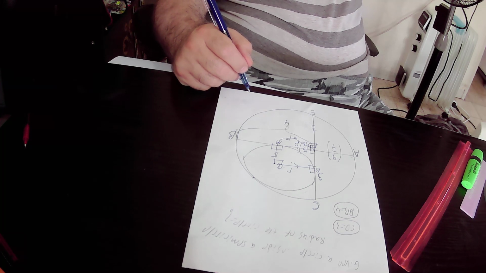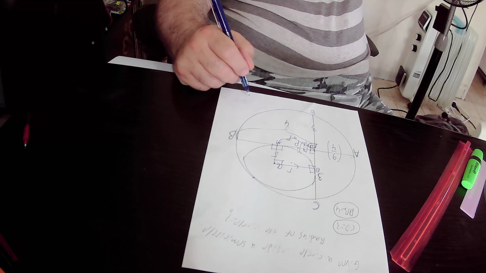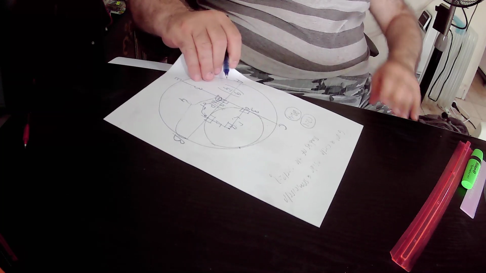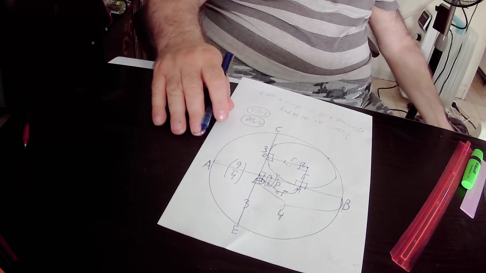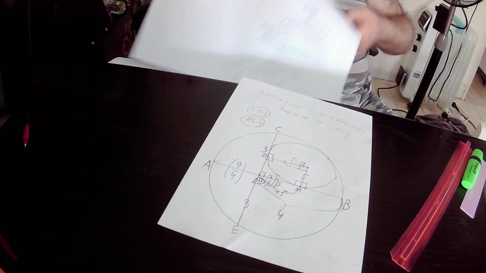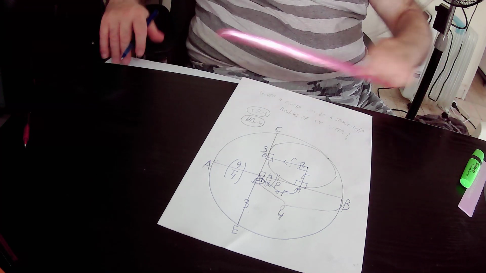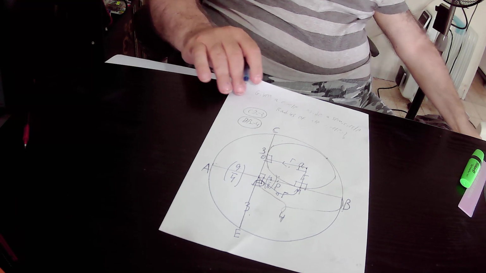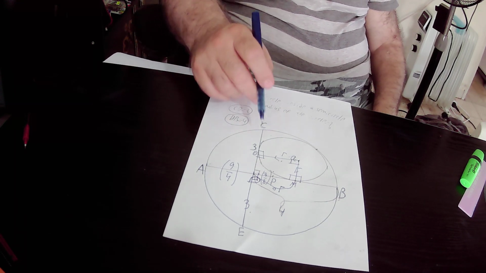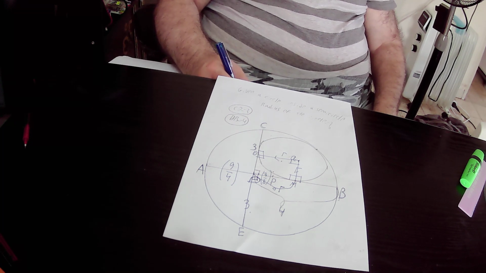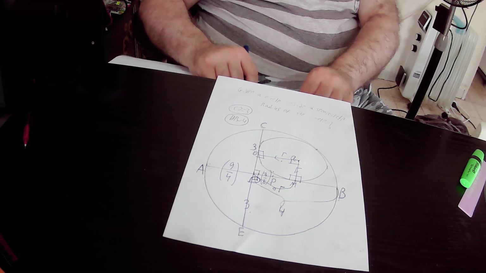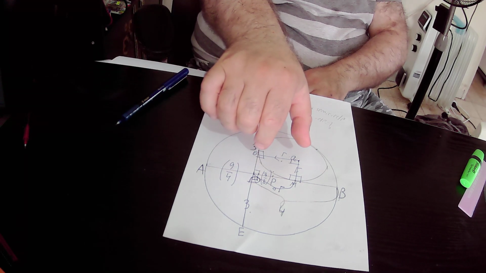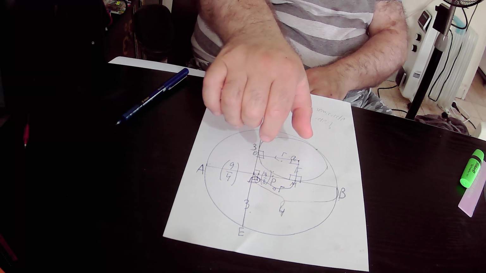Okay, in the next step we'll find out the length of line segment PM. What is the length of line segment PM? From the drawing it is very easy to see that PM equals DM minus DP.